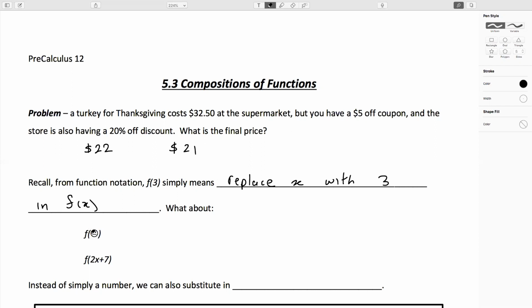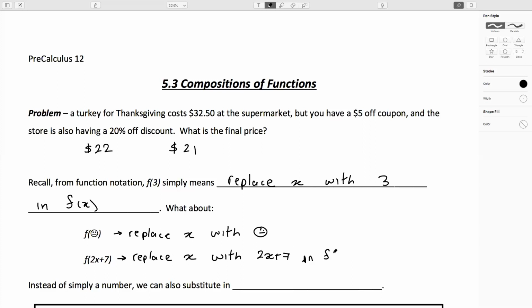We can use a symbol like this concerned face, and if that was the case, we would replace x with one of those concerned faces. If f of 2x plus 7 was what you were interested in, same strategy. We're going to replace x with 2x plus 7.